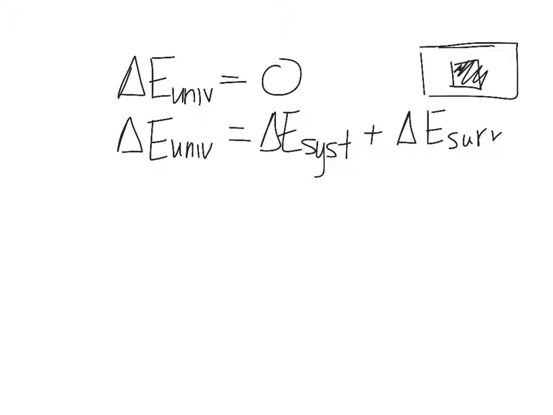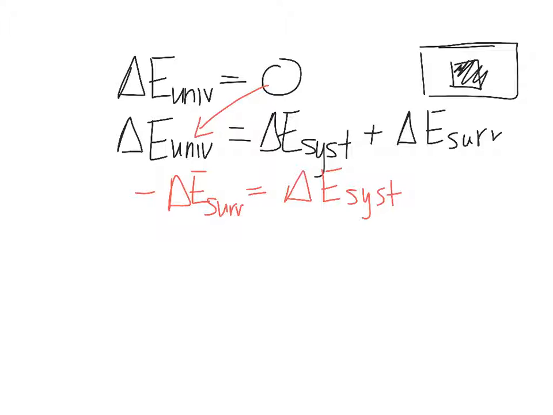So, if this quantity is zero, the change in energy of the surroundings is equal to the change in energy of the system, but one of them is negative. All that negative sign means is that the energy is going in a different direction, basically.